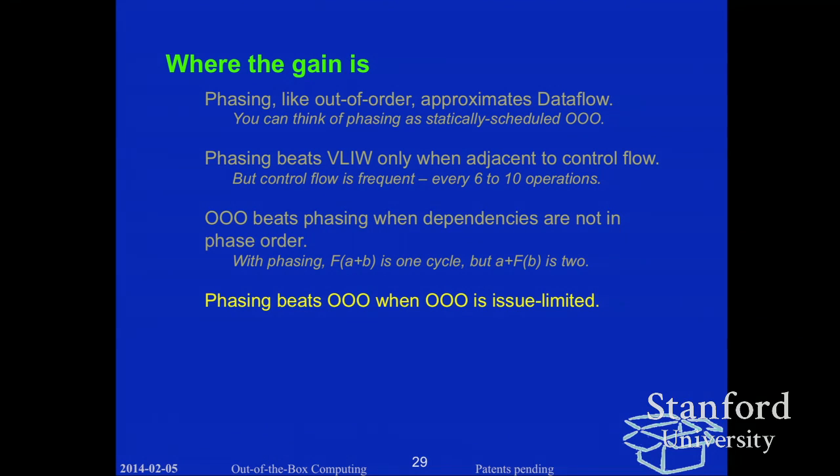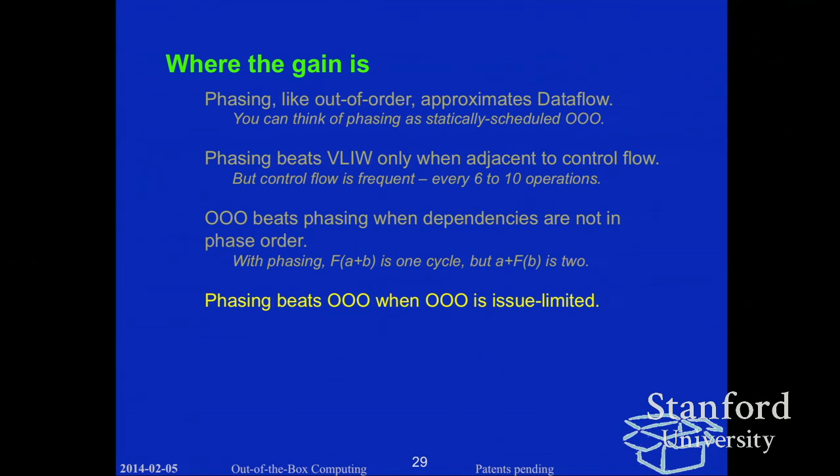So if you want to be able to put together data flows which together would be a dozen operations, you're issue limited. You can't do that on an out-of-order machine. And furthermore, you're not going to be able to do it on any out-of-order machine because out-of-order hardware is extraordinarily complex, extraordinarily large, and extraordinarily power hungry, and you've just hit diminishing returns, and even 8 is pushing it.